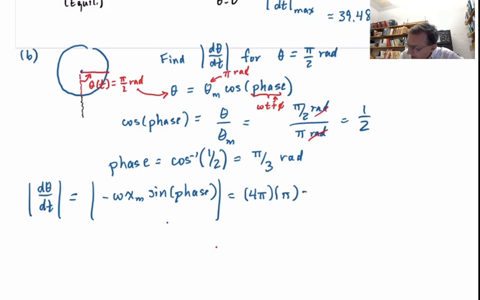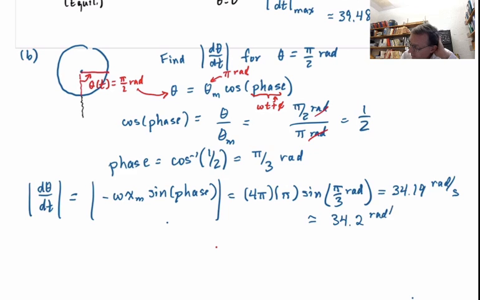And I'm taking the sine of the phase, which is pi over 3 radians. I put that into my calculator, I get 34.19 radians per second. If I round it to 3 sig figs, 34.2 radians per second.